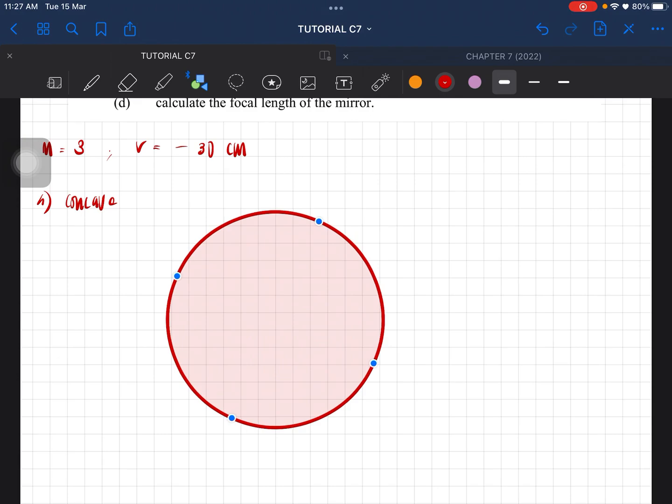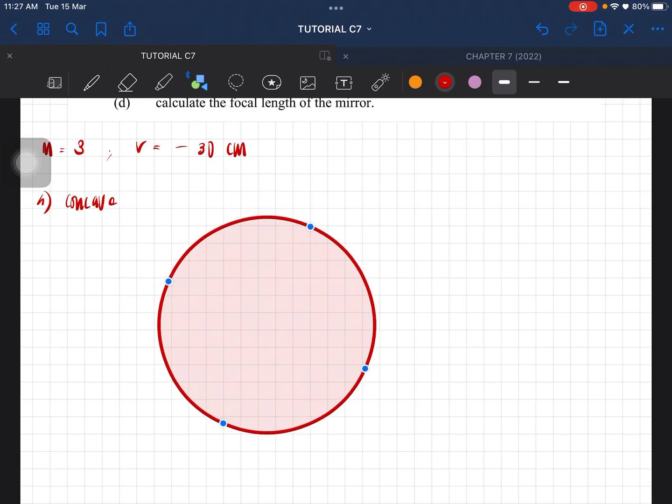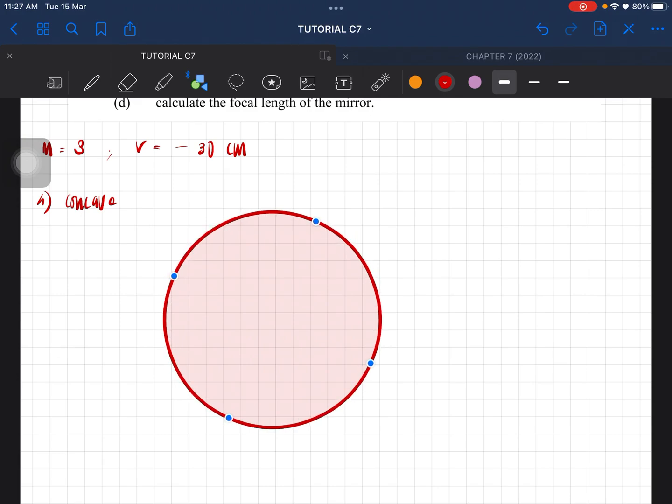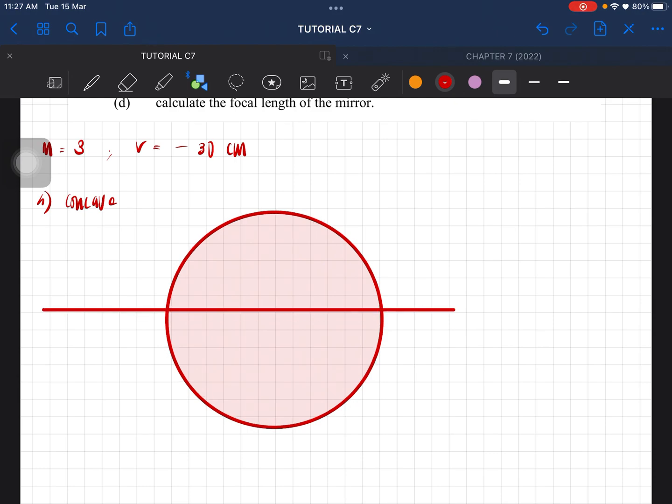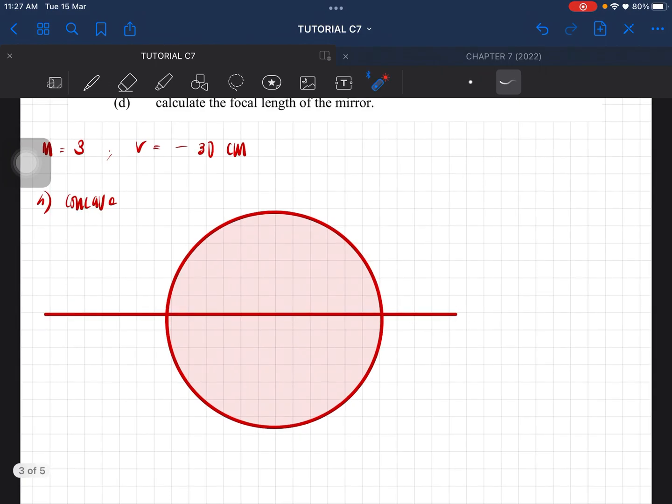That's the function of drawing the circle. If you don't want to draw the circle, you can leave this step out. Is this the center? 1 2 3 4 5 6, 1 2 3 4 5 6 7.